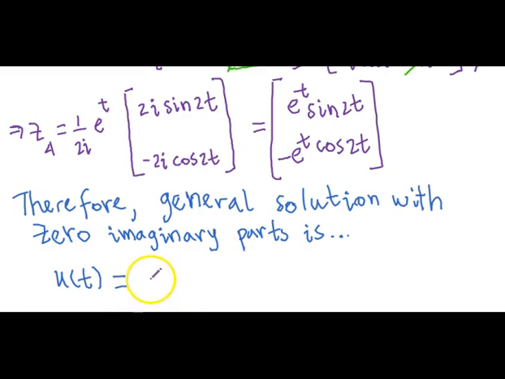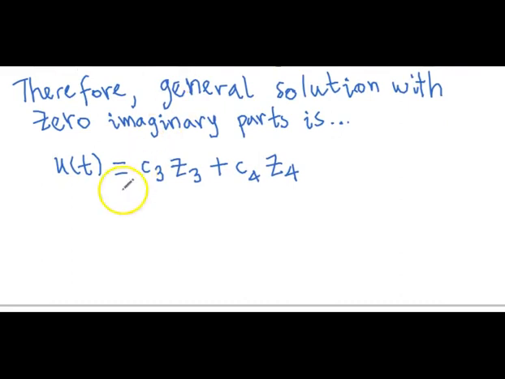Okay, perhaps I need some more coefficients here. I'm just going to call them c3 for coefficient times z3 plus c4 times z4. In other words, we're saying that this looks like a constant times the vector.